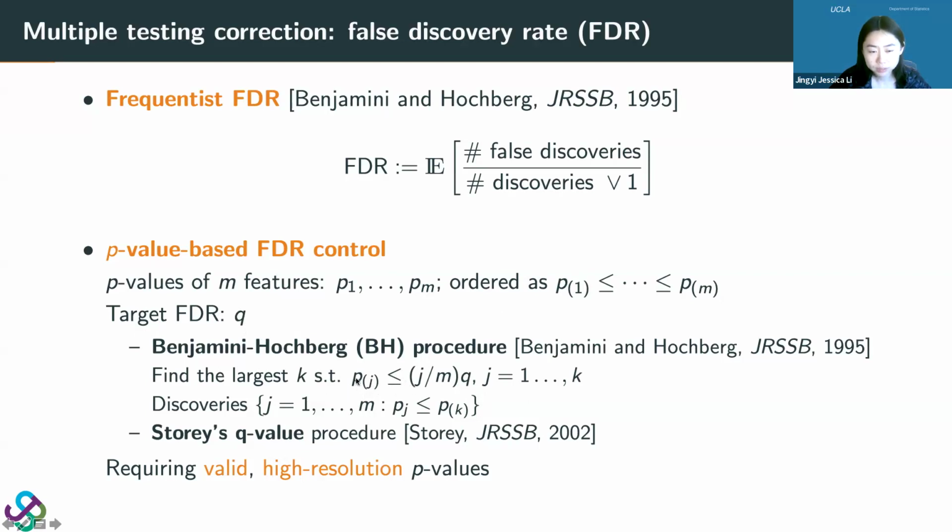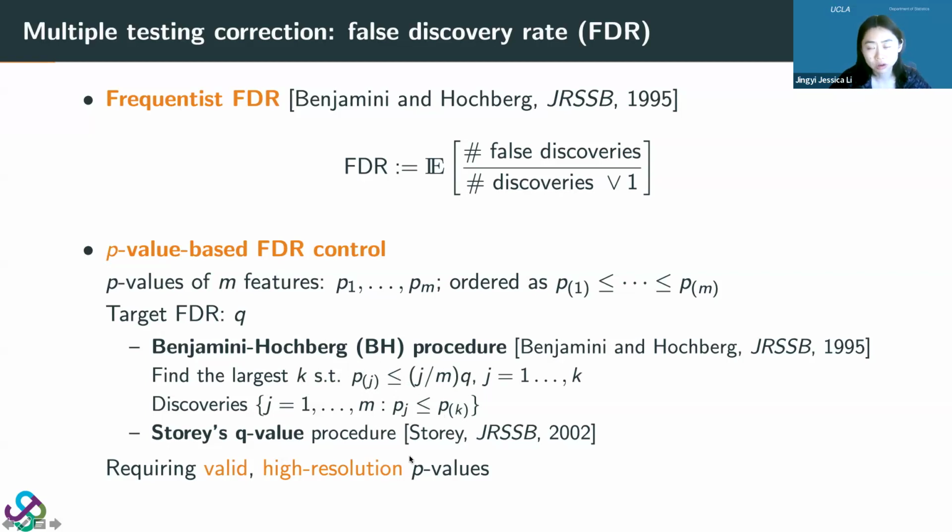So for the smallest p-value P1, you compare to 1 over m times Q. The second smallest p-value P2, you compare it to 2 over m times Q. You want this inequality to hold until it breaks. Whenever it breaks, you record the largest k such that the inequality remains to hold, and then you reject all the P1 to Pk, the smallest ones.